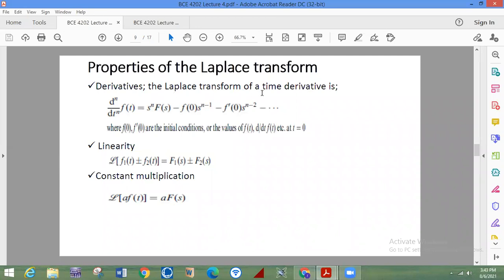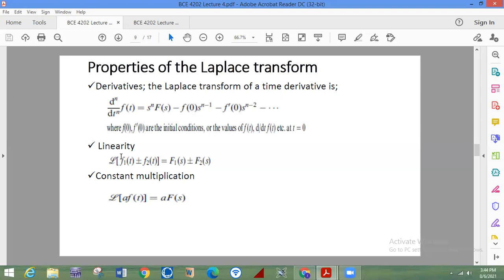The Laplace transform of a time derivative is given by this general equation, where f of 0 and the derivative, the first derivative of our function, are the initial conditions, or the values of f of t and its derivative at initial condition, which means t is equal to 0.